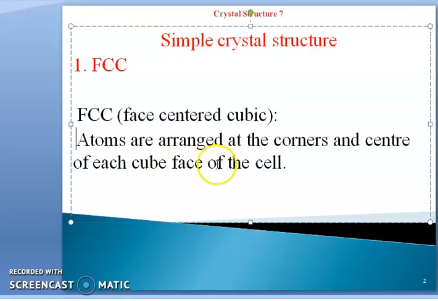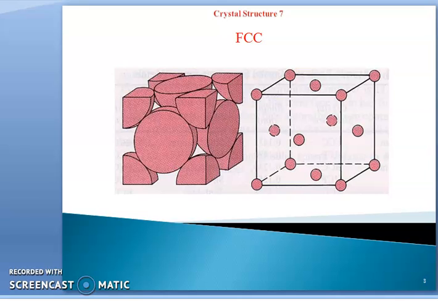What am I telling? Atoms are arranged at the corners. I will show you figures so that you will get an idea. See how atoms are arranged at the corners. 1, 2, 3, 4, 5, 6, 7, 8 corners, atoms are arranged. These atoms are not only arranged at the corners, but they are arranged at the centers of each face.